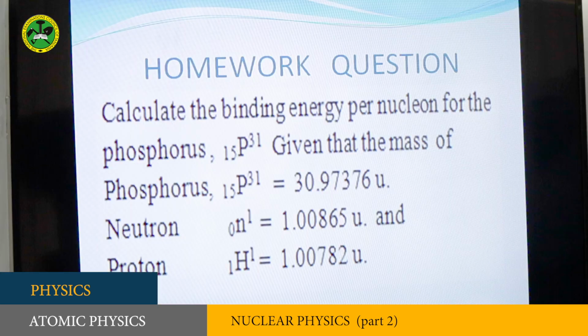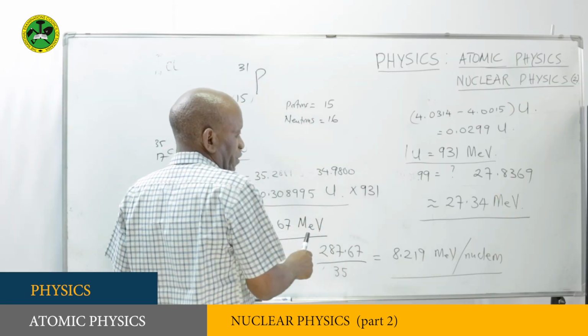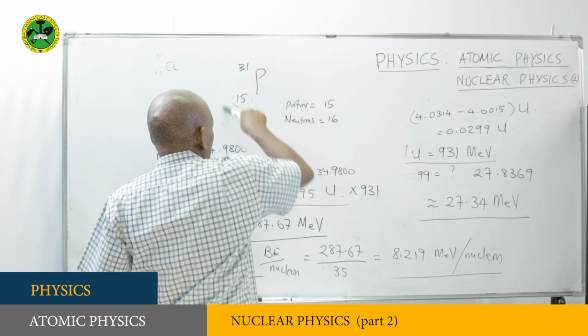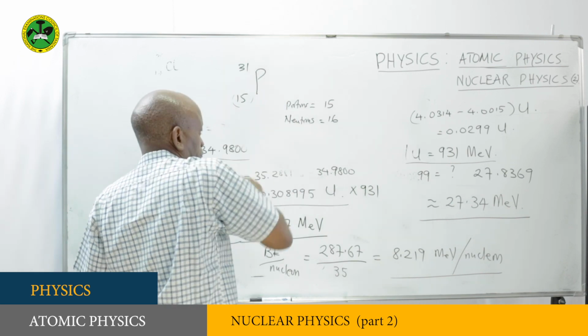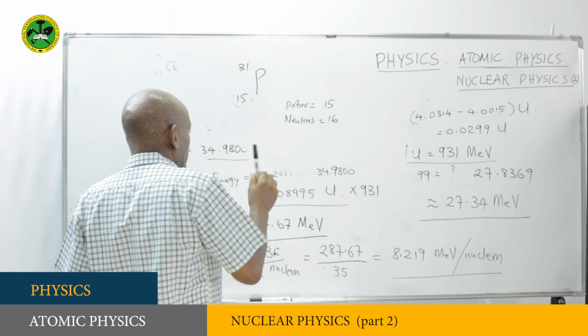You look at the atomic mass unit for a neutron as well as for a proton, and you know the atomic mass unit for the nucleus of a phosphorus, which is equal to 30.97376.